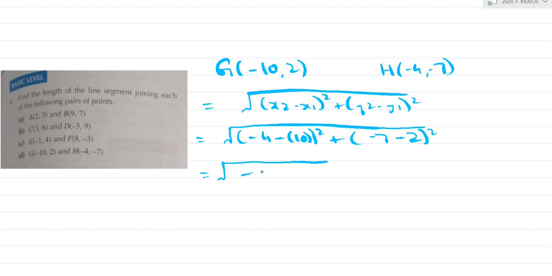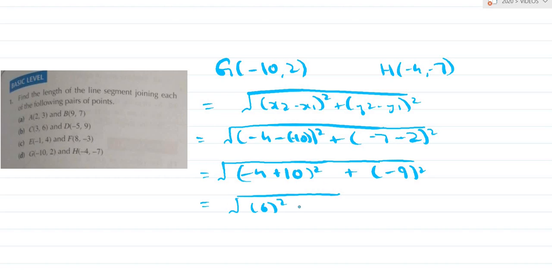Now minus 4 plus 10, because minus is plus. Minus 4 plus 10 whole square plus minus 7 and minus 2 is minus 9 whole square. Now what you're left with is 6 whole square plus minus 9 whole square. Now this would be equal to under root 117, and the answer is 10.8 units.